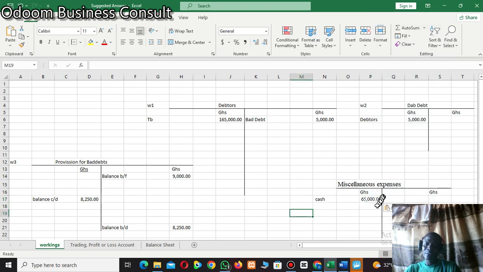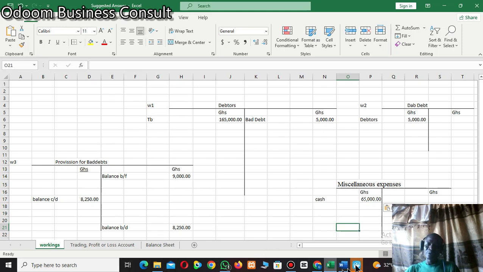So in your case you write cash, meaning, as I said earlier on, any expenses that you see on the trial balance, it means money has been paid for that expense, unless otherwise stated in the footnote. But in the footnote, in our case, there is nothing saying otherwise. So we assume that that expense has been paid for.